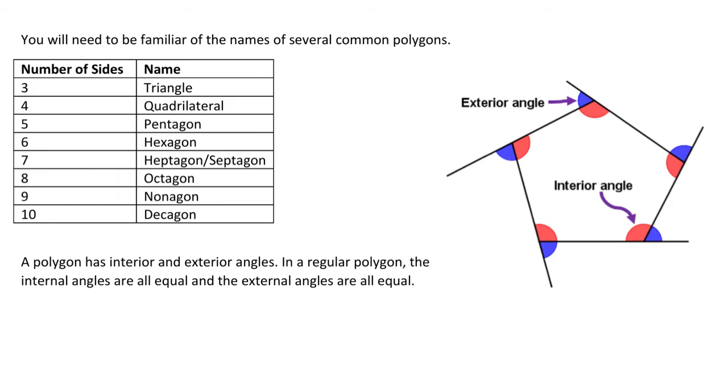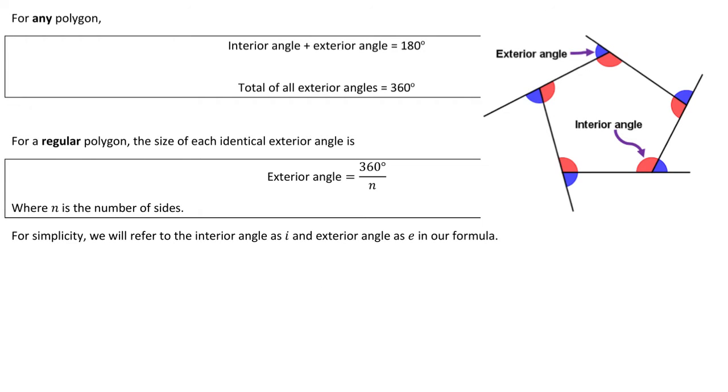Now in a regular polygon, the exterior angles are all the same, and that's because the interior ones will have to be the same, and because the exterior and interior lie in a straight line, then the exterior must also all be equal. For any polygon, the interior plus the exterior add up to 180 degrees, and the total of all the exterior angles add up to 360 degrees.